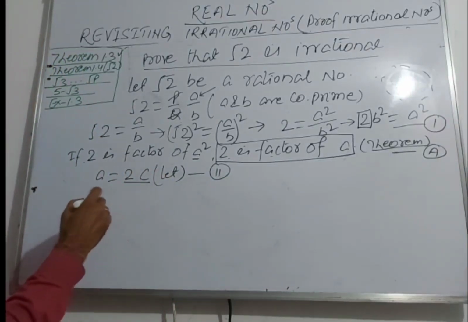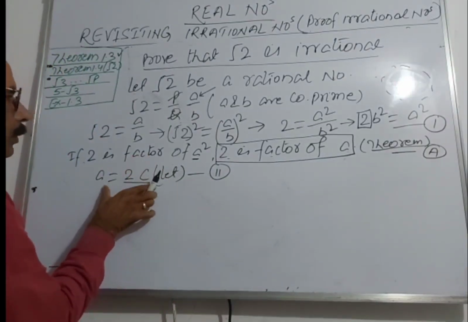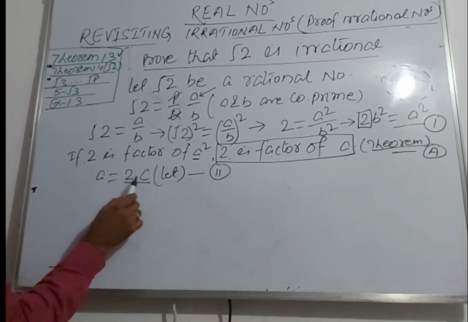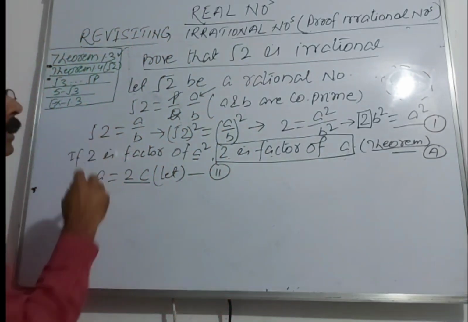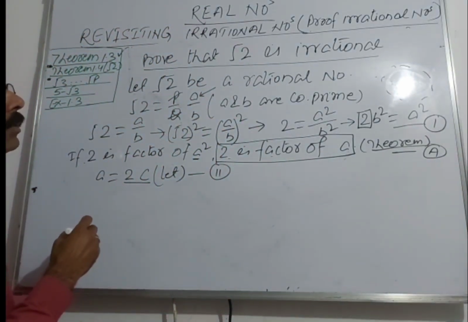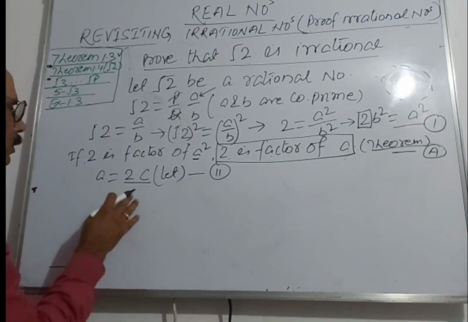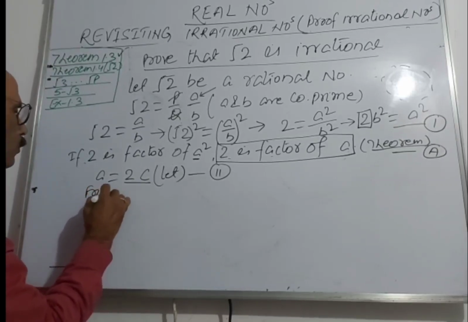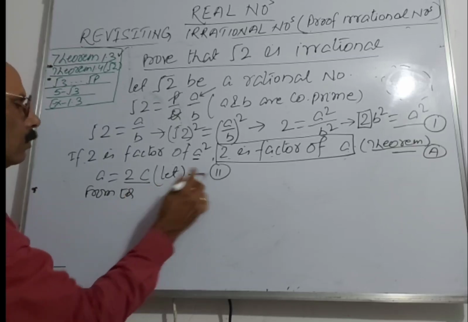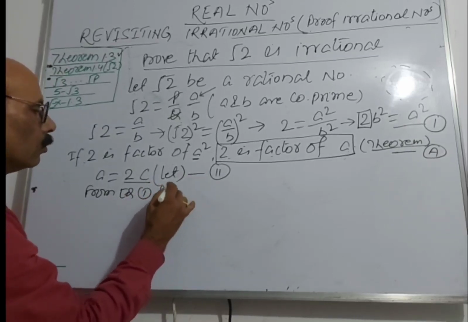So a is equal to 2c in equation 1. Then what will be there? Put the value of a from equation 1 into equation 2.